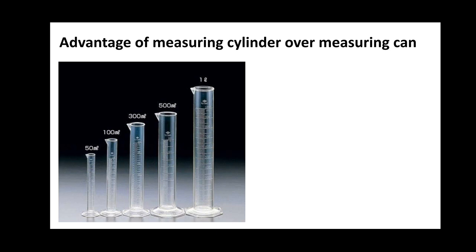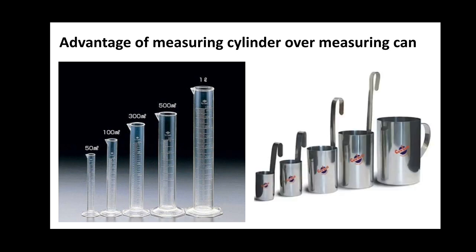Using this, we can measure 10 ml, 20 ml, 25 ml, 45 ml, 95 ml, up to 100 ml. But if we are using measuring cans, whether conical or cylindrical, we cannot measure 50 ml of liquid in a 100 ml can. So that's all about the methods for measuring volume of liquids.